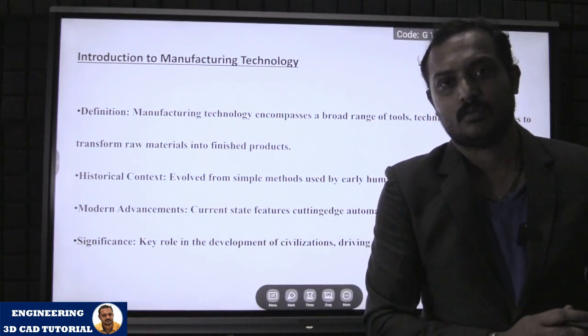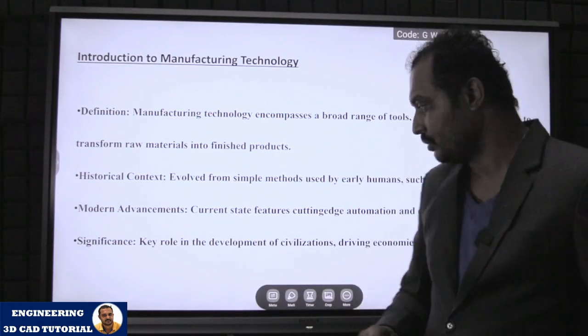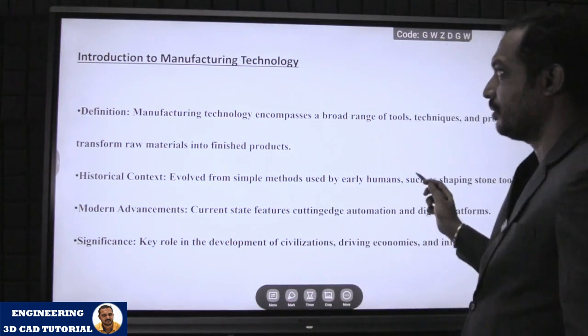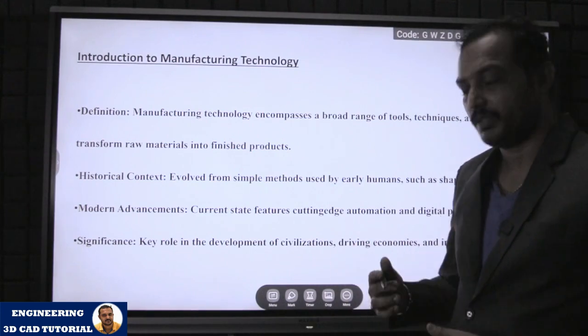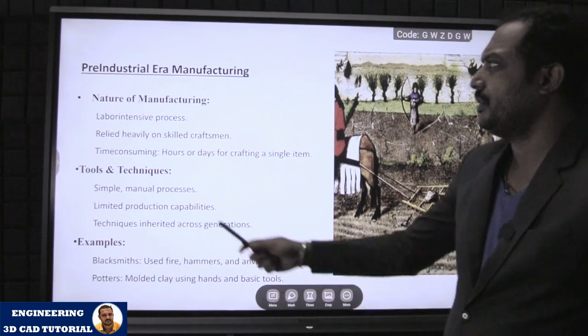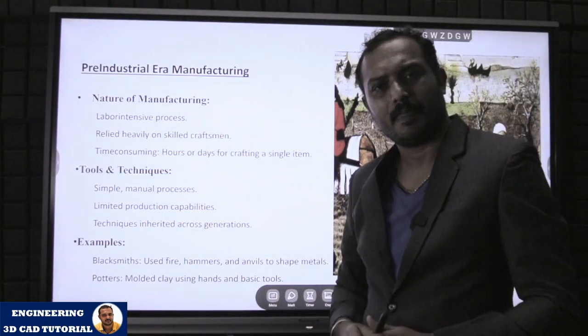Otherwise, for one component it will be huge. So for driving the economy, the tools and their advancement are very, very important. Moving forward, the pre-industrial era of manufacturing.